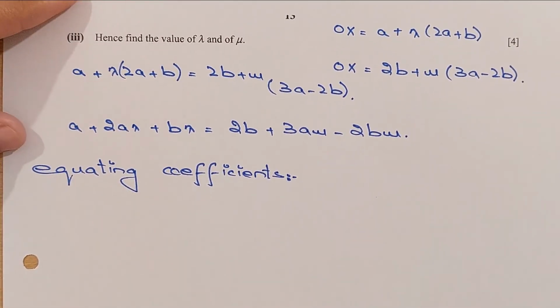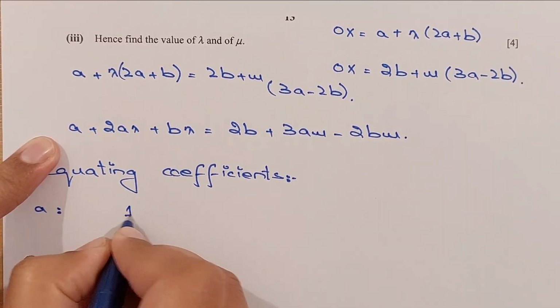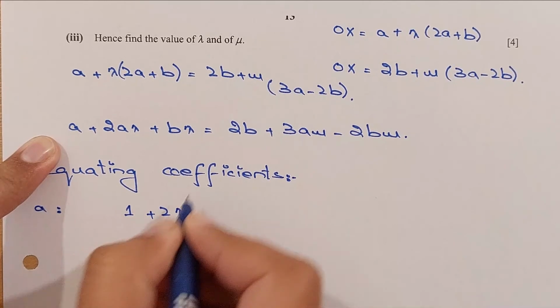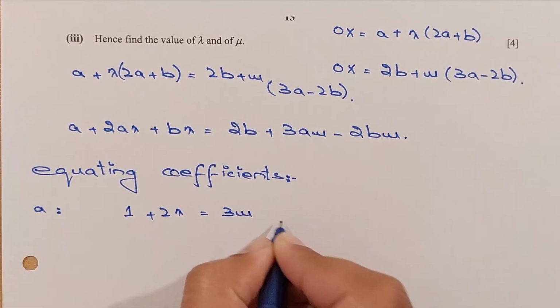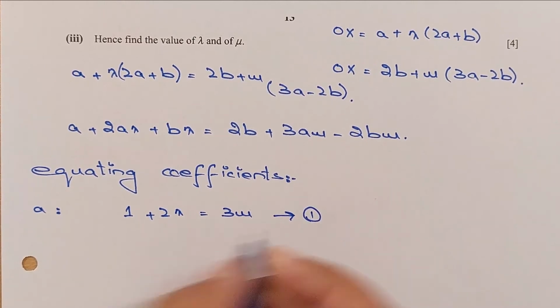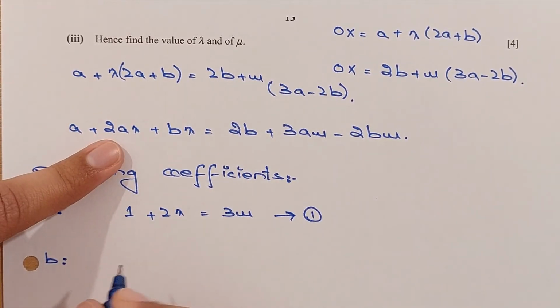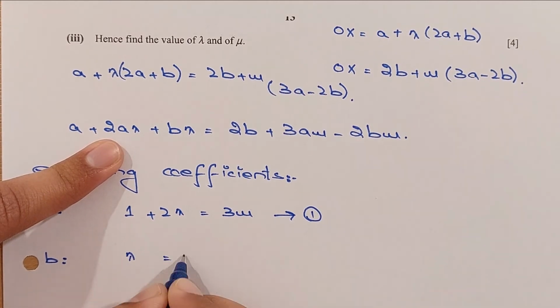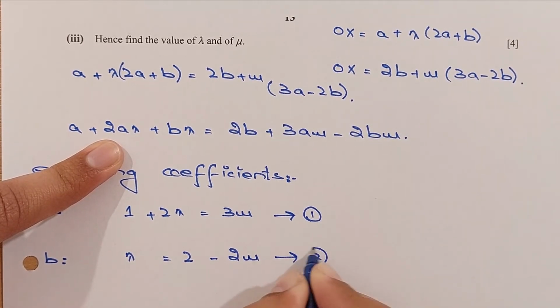First we equate the coefficients of A. So we have A is 1 plus 2 lambda, and on the other side the A is just 3 mu. This is your first equation, right? Now for equating coefficients of B, we have B is lambda here, and on the other side we have 2 minus 2 mu. This is my second equation, right?